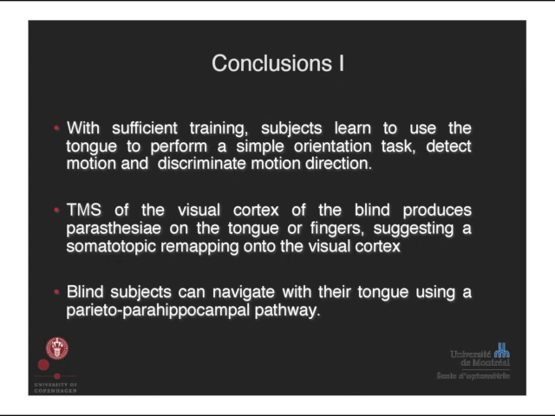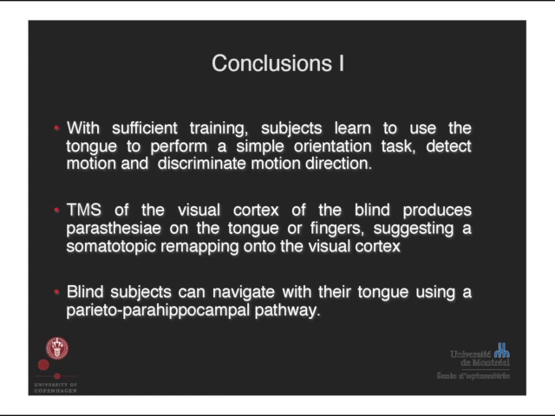So, conclusions, and I'm done. With sufficient training, again, training dependent, they learn to use the tongue to perform simple rotation tasks that take motion direction. If we do the TMS, we produce paresthesia on the tongue and on the finger, suggesting a somatotopy of the visual cortex.